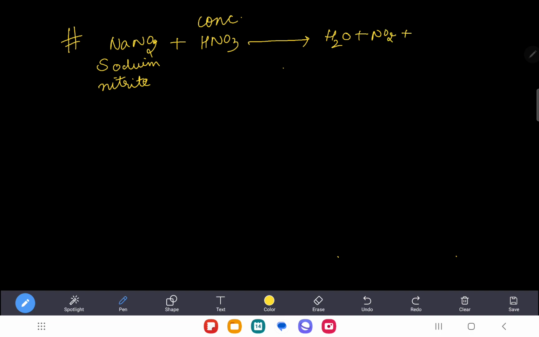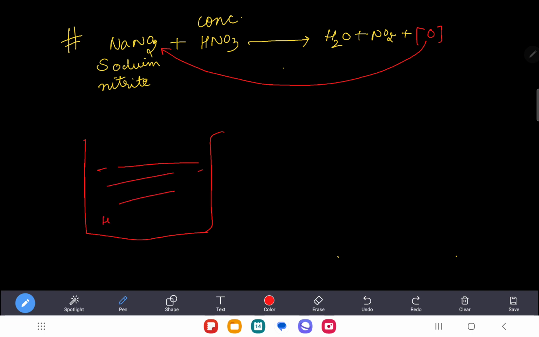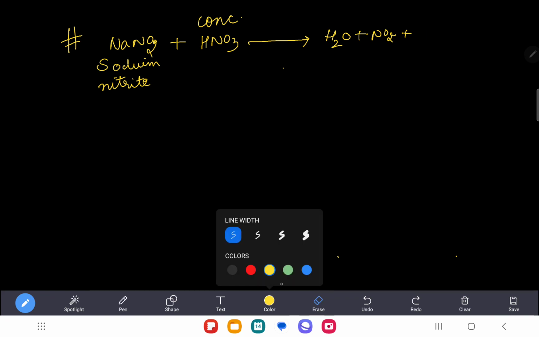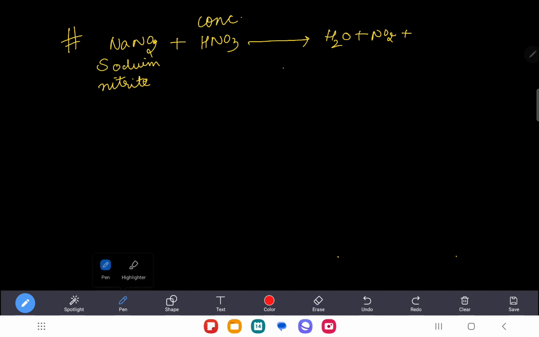Am I right? That one extra oxygen, the nascent oxygen that it is going to release, will actually combine with NaNO2, because rather than coming out, that oxygen will combine with NaNO2. So it is going to convert into NaNO3. Understood or not? So this is how you make the product. Here my final product shall be NaNO3.